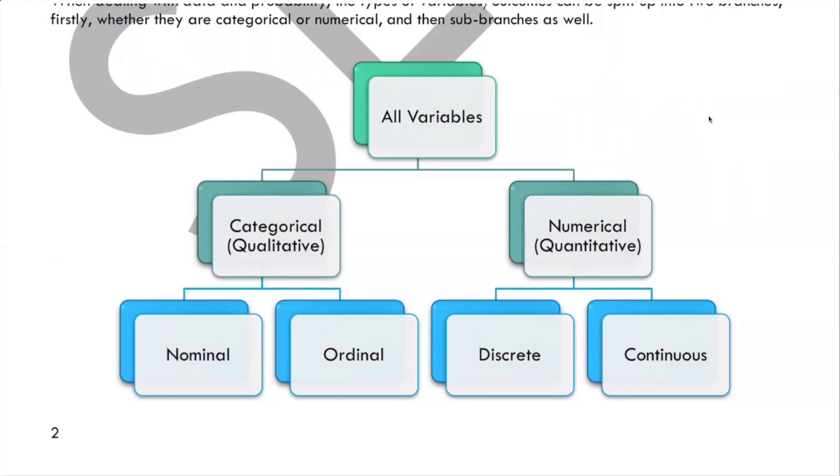Nominal is where the outcomes have no inherent order. An example of this is race, because there is no order to race. Someone being Italian or Arab, there's no order. Maybe some people think there's an order, but there shouldn't be.